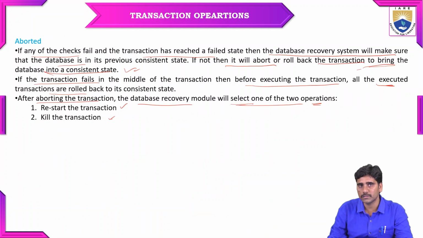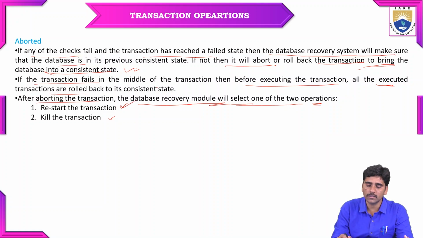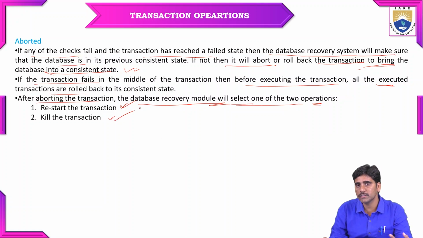And last, the aborted state. If any checks fail, then the database recovery module will select one of the operations: restart the transaction or kill the transaction. By doing these two, you can restart your transaction, or else you can start with a fresh transaction.